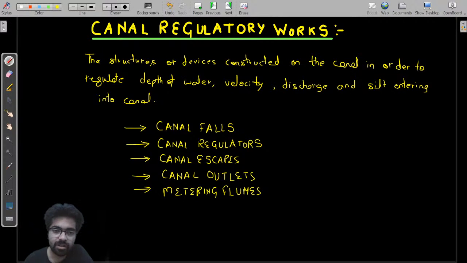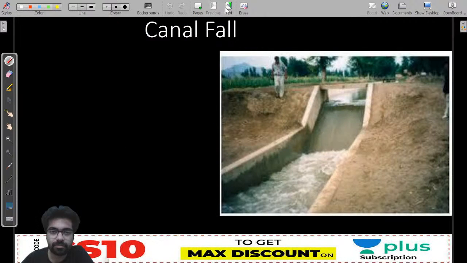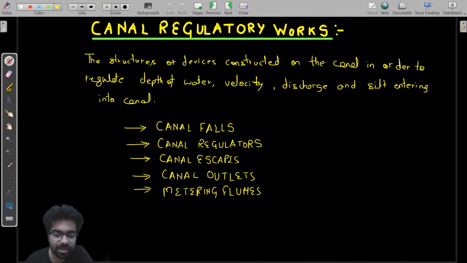So let's move. First we have to understand canal fall, then regulator. So let's understand what is canal fall. First we are going to deal with canal fall. So you have understood we are going to construct some structures. Why?